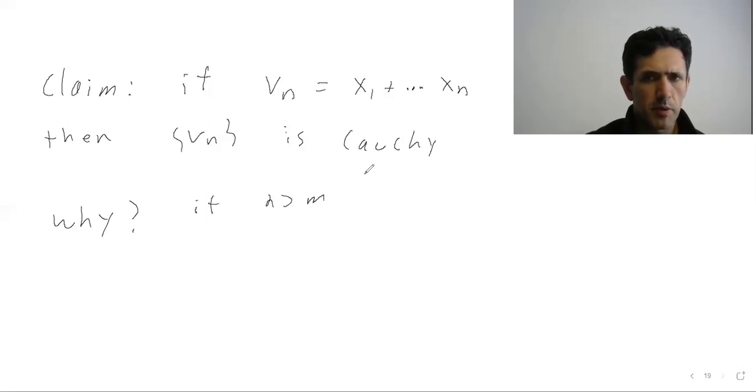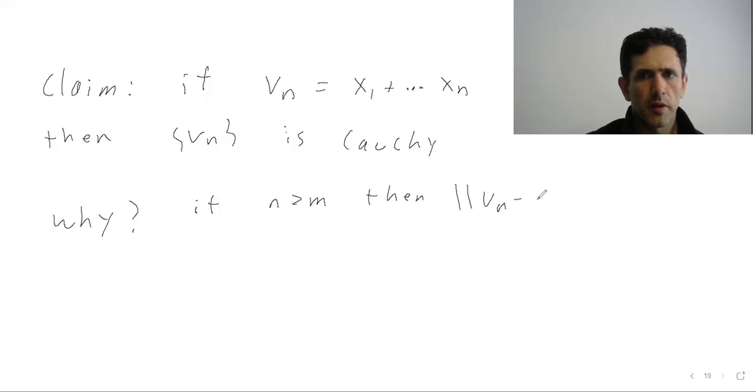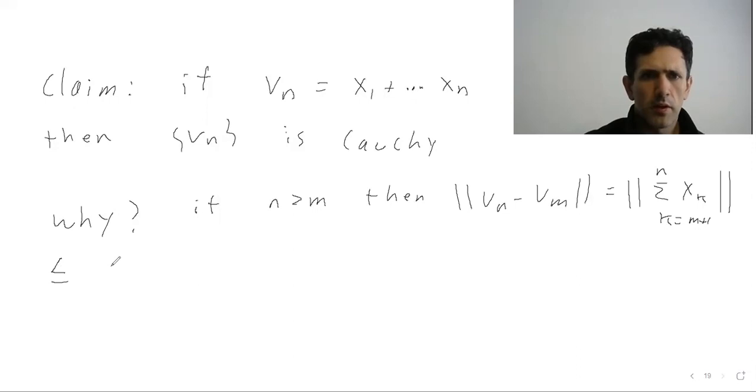If n is bigger than m, this is going to be equal to the norm of the sum, k equals m plus 1 to n. I'm writing it like this because I'm running out of room here. We'll use triangle inequality.